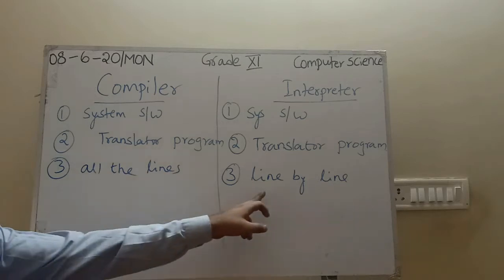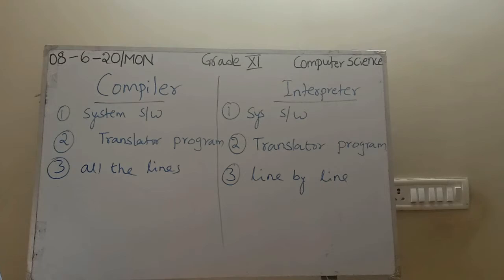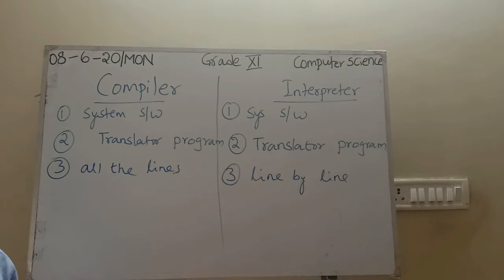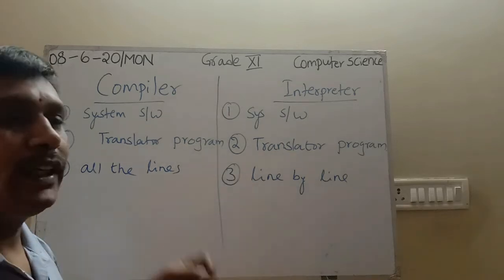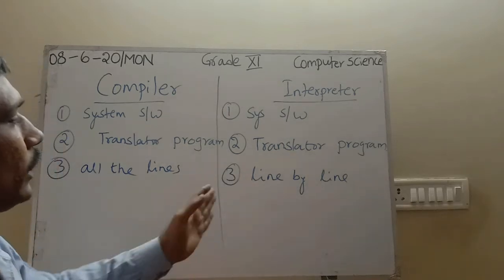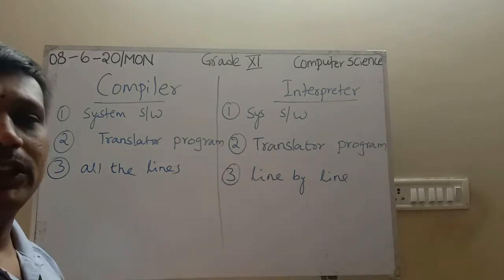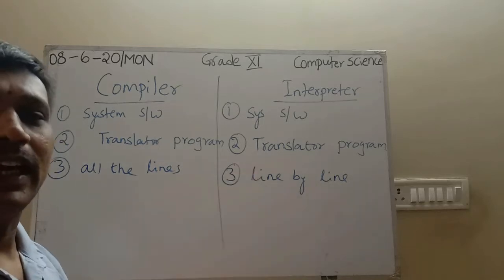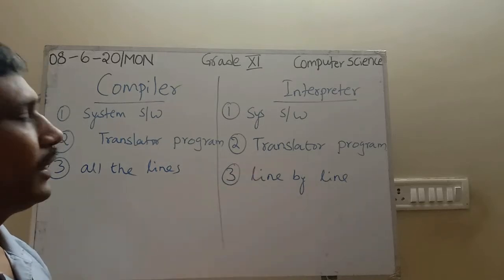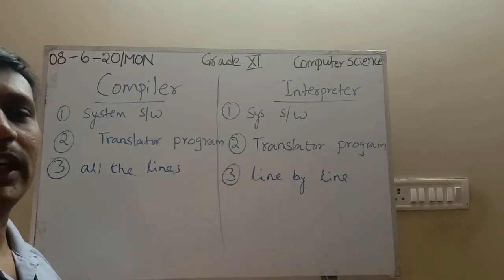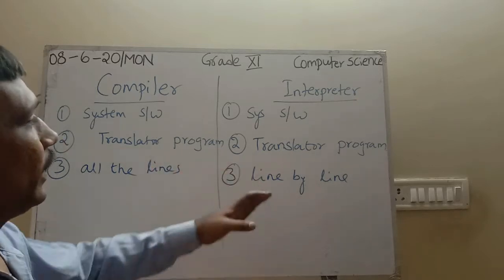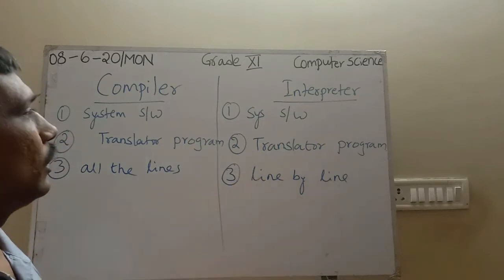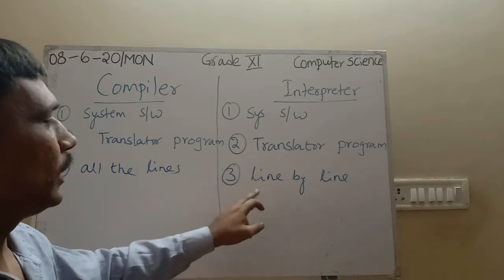If any errors are there, it halts the interpretation process. After rectifying the error in that single line, execution resumes from the next line. In this way, it converts a high level language program into a machine level language program line by line.